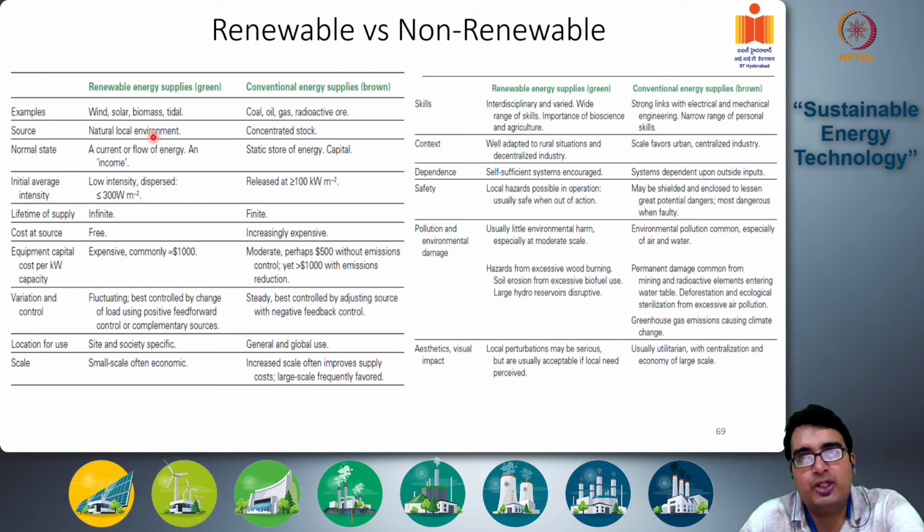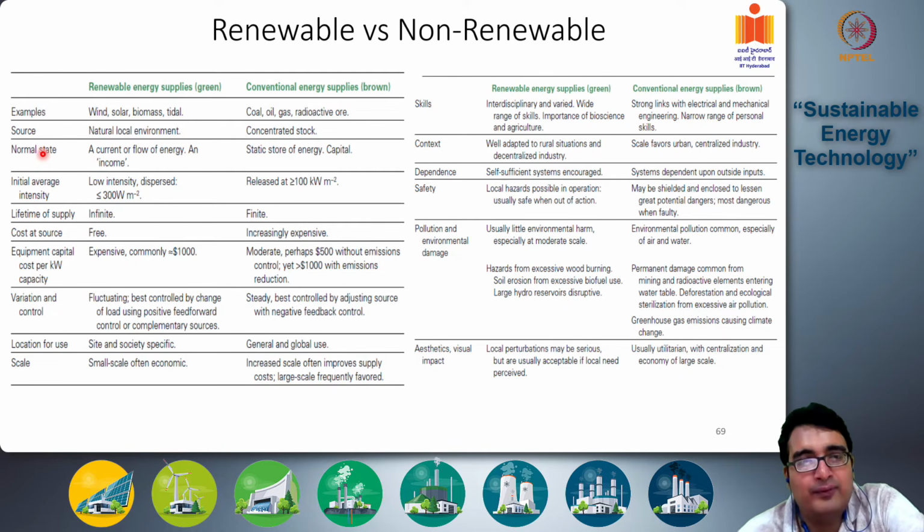The solar energy, the wind that is blowing, the water that is flowing from the mountains, that is the source of this renewable resource. Whereas the source of conventional resource is a concentrated stock. A concentrated stock of oil, coal or uranium that is being mined from certain places and is moved.